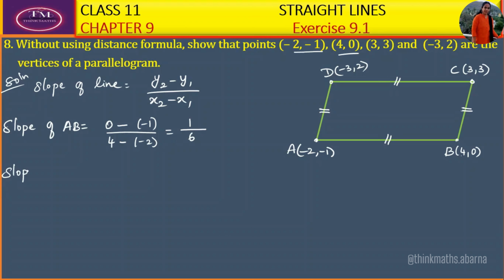Next, find out slope of CD. So y2 is 2 minus y1 is 3, so 2 minus 3 divided by x2 is minus 3 minus x1 is 3. So 2 minus 3 is minus 1, and minus 3 minus 3 is minus 6.